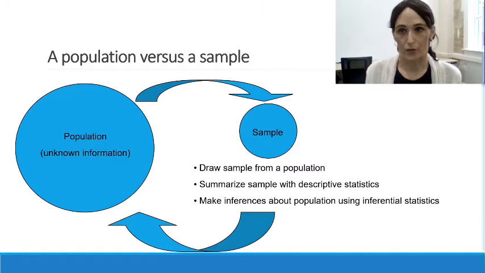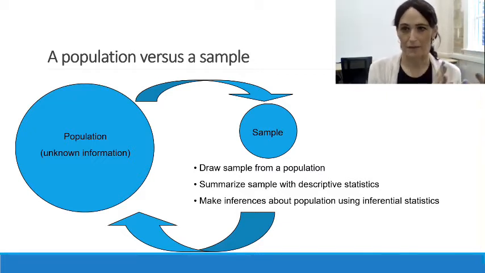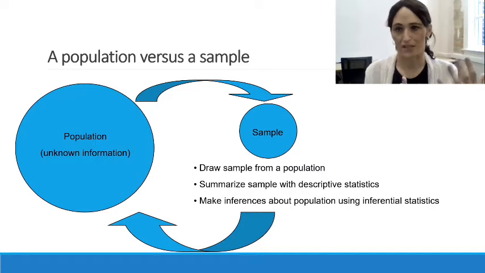So a lot of the work here comes into the study design phase where we make sure that our samples are representative. Otherwise, we may be making inferences about a very select population or a population that we didn't intend to make inferences about.